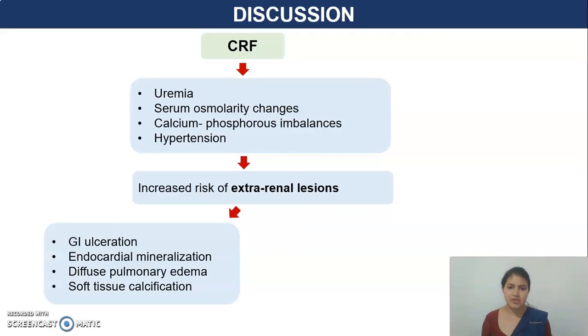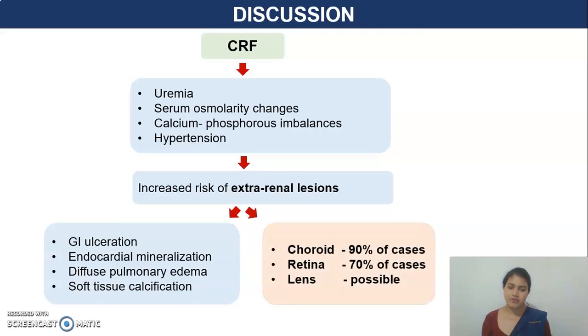Also, these ocular pathologies are commonly encountered in renal failure human patients. And in our study, we have observed similar eye lesions in renal failure dogs, especially in the choroid and retina, and there's a possibility to have such lesions in the lens as well. Therefore, in novelty, these eye lesions can be observed in renal failure dogs. So it is important to consider ocular lesions in renal failure patients to improve their well-being.